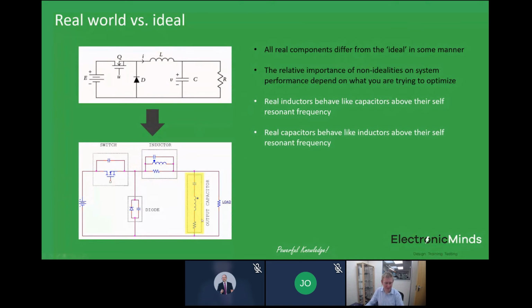And similarly, real capacitors, well, yeah, we've got a capacitance in there, but we've also got inductances for the leads that are carrying the current in and out. We've got resistance due to those leads. We've got resistance representing loss in the electrolyte or other storage mechanism. So you get a capacitor which behaves a little bit like this circuit here. And again, at low frequency, it behaves like a nice capacitor. That's great.